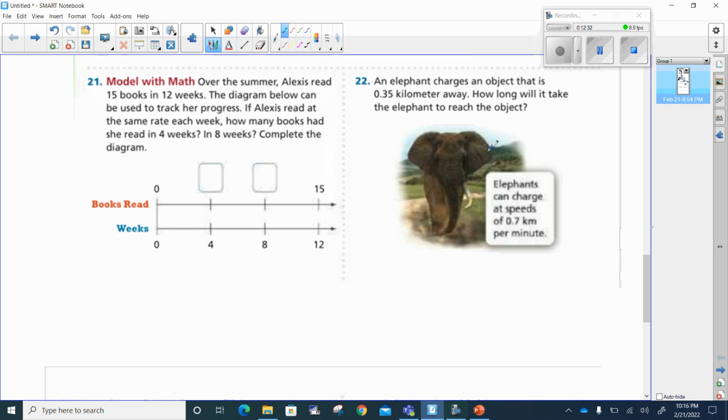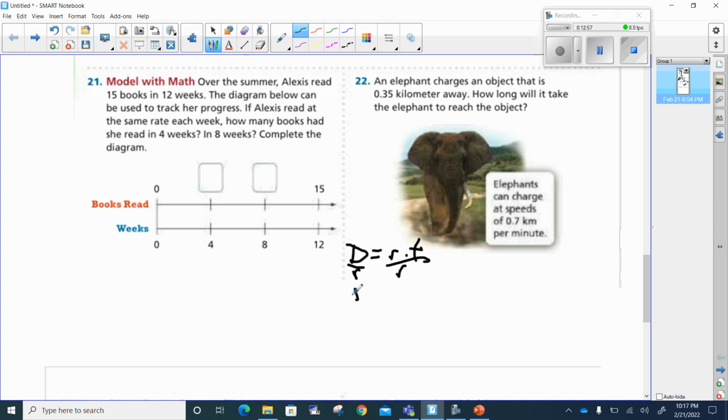So that tells me that this is going to be, remember that formula I had, distance equals rate times time. We're trying to find out how long it will take. We're looking for the time. So we're going to rearrange this and divide by the rate, which means we'll divide the distance by the rate.